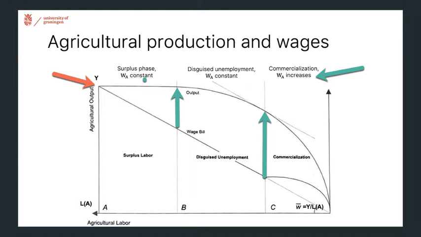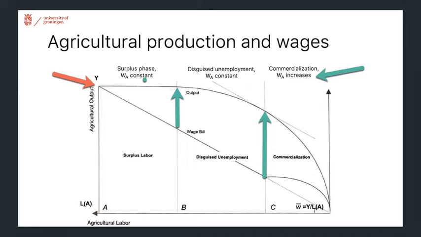Now from that point on, wages will have to increase to match the rising marginal product, because otherwise people will not work. At that point, the agricultural sector is a normal sector where workers can demand their marginal product.